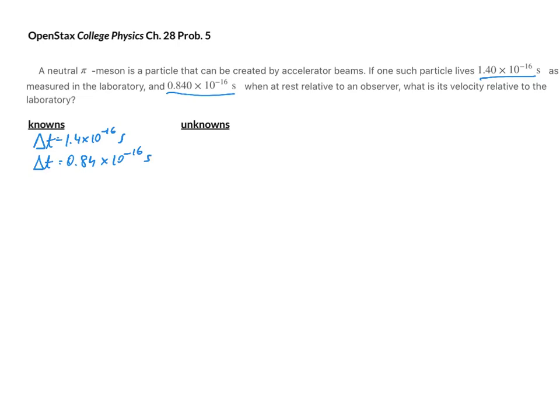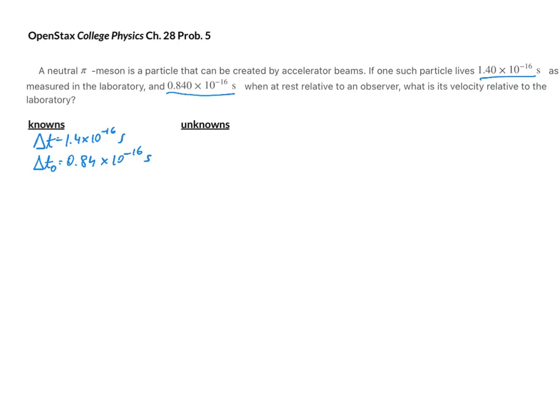Now I'm going to compare the two times that are given for the same pi meson, and notice that the second time is actually shorter than the first time, so that is most likely the proper time. Also, later on in the problem, we're asked to find the velocity of the pi meson relative to the lab.